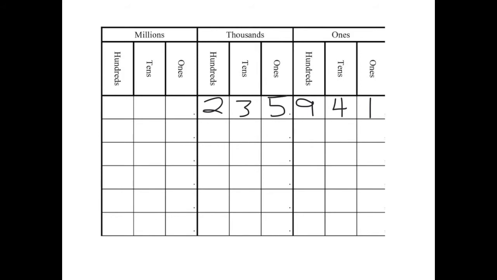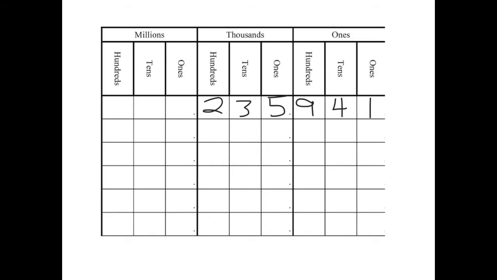Press pause until you figure it out. If you're taking a look at the place value chart, it's in the 200ths place of the thousands. So the answer would be 200,000s. Can you tell me what the 4 represents? Press pause until you figure it out. The 4 is in the tens place, and it's known as 40.